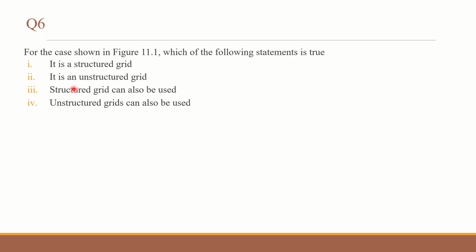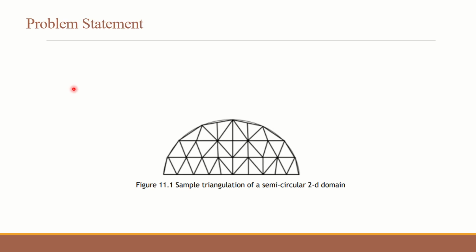So when we go back to our domain, our question in concern, we can clearly see that it is not a structured grid. We cannot give straight out any indices, or we cannot list it using any special schemes, or it cannot be joined in some ordered manner as well.